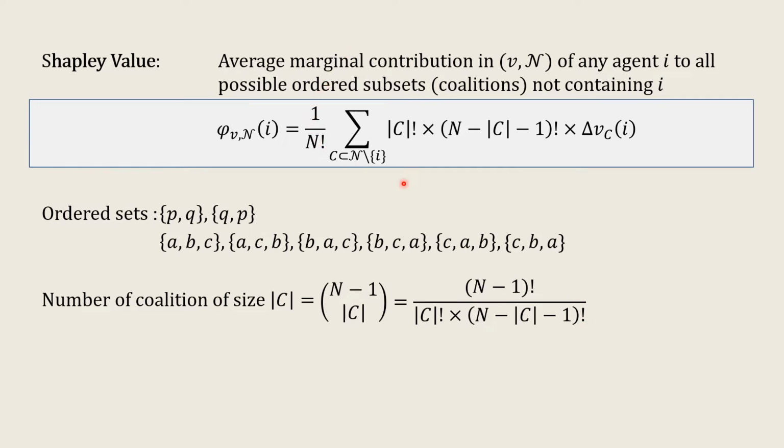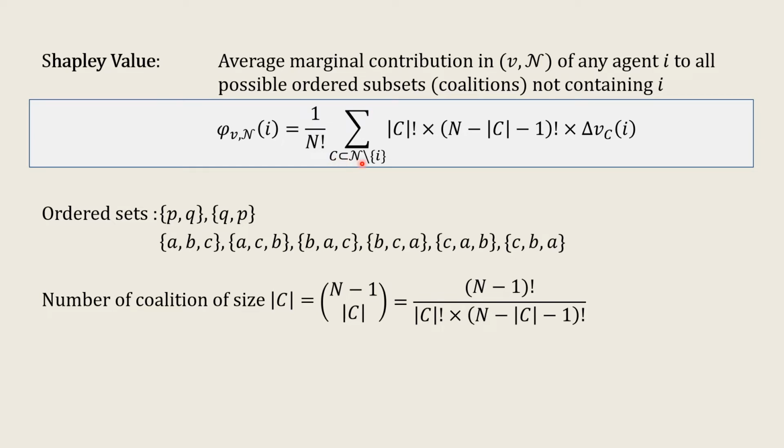And so this is the expression for the Shapley value. The Shapley value of agent i is the average marginal contribution. The marginal contribution of agent i to any coalition C is ΔV(C, i). Now we are applying a weight when we are doing this averaging.